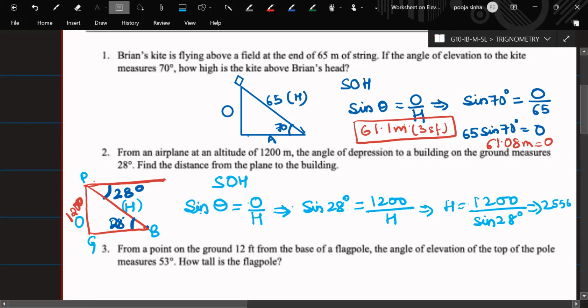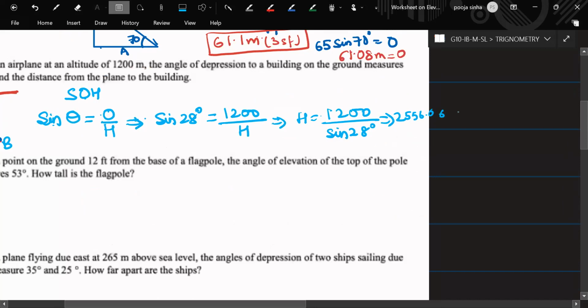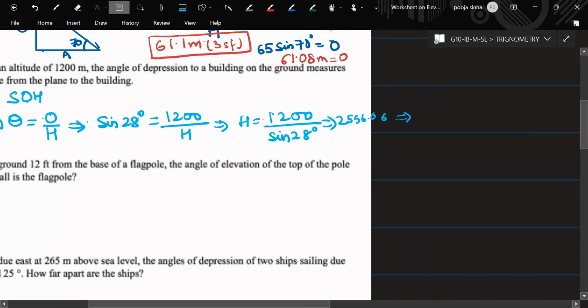Three significant figures means you can only give three numbers, right? So the hypotenuse will be 2560 meters to three significant figures.